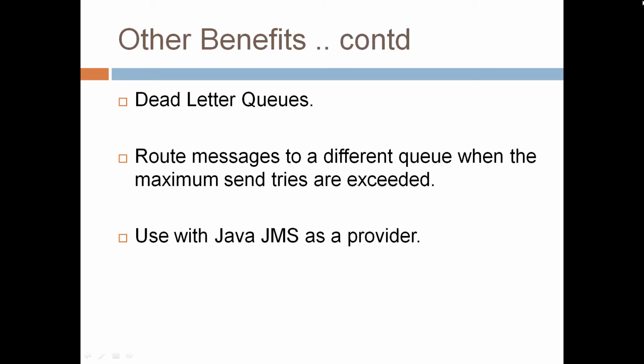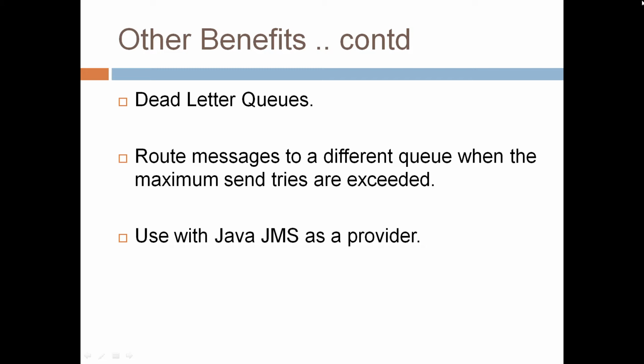Continuing on the benefits, there is a concept of dead letter queues with Amazon SQS. Dead letter queues are the queues wherein the messages which have been tried to be delivered the maximum number of times and failed are delivered. So basically, you set up a policy on one of the queues, and you set up a maximum send tries.